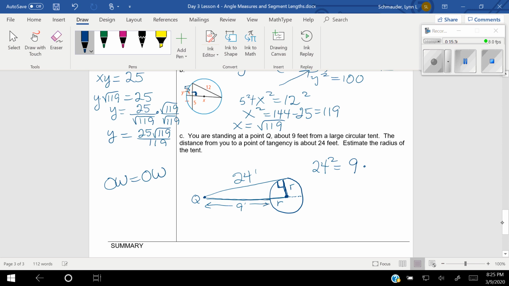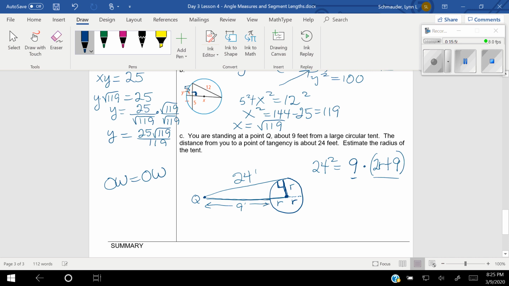I have to extend this here to get the whole thing. So what is that whole thing going to be? It's going to be 9 plus 2r, right? Here's the outside, 9. Here's the whole length of that secant, 2r plus 9.